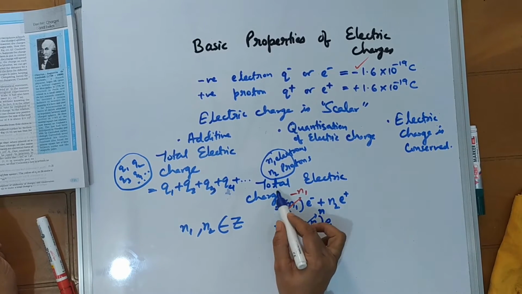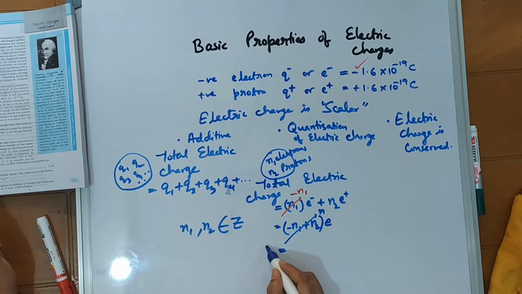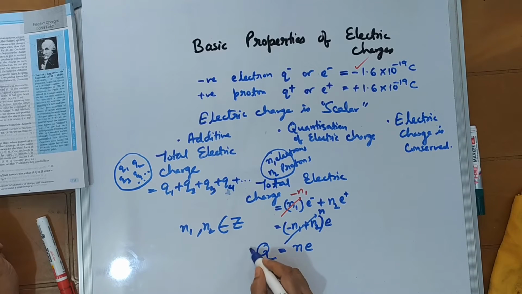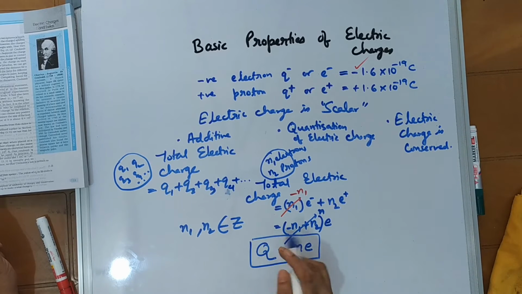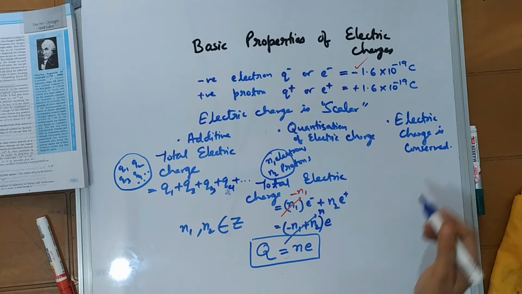So the total electric charge on a system or a body, capital Q, is an integral multiple of the charge e. So Q equals n e. So electric charge is quantized, that means it will have a certain quantity.